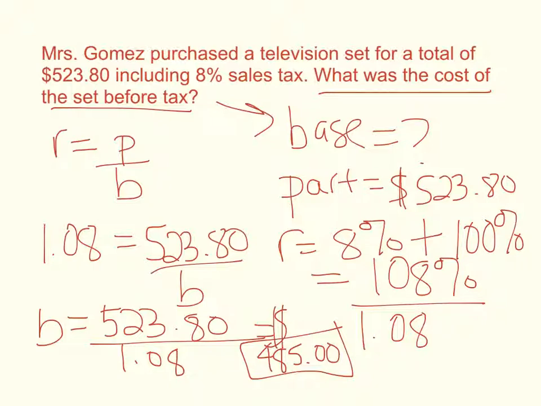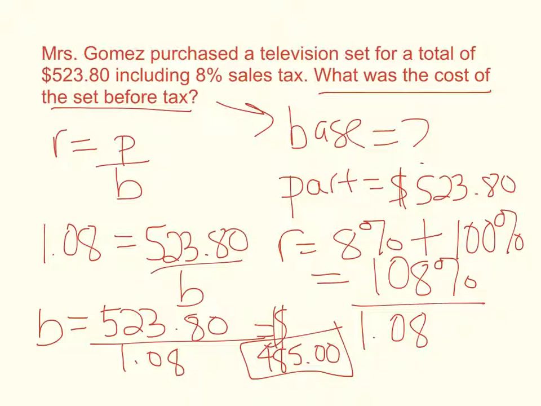Okay, again, go with numbers that you know to be right. So for instance, let's say she spent 10% sales tax. If the base price was $485, 10% of that would be $48.50.